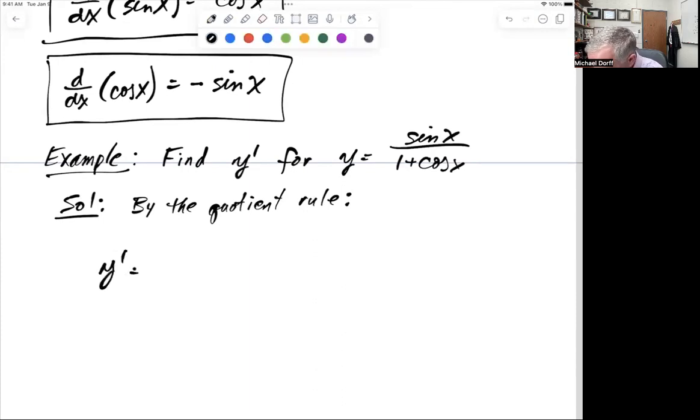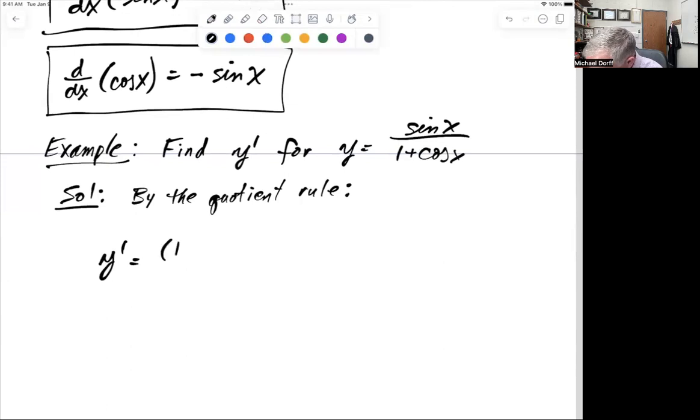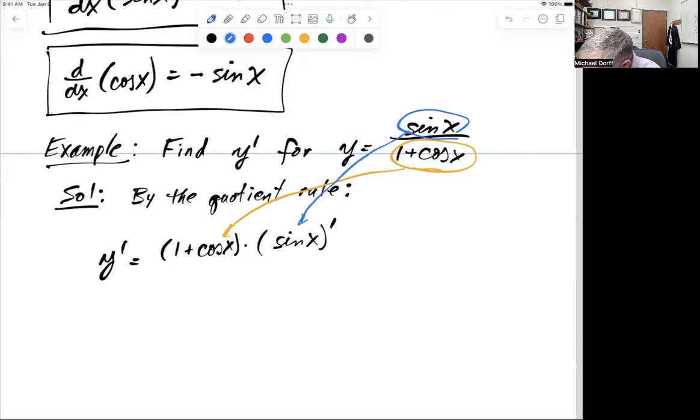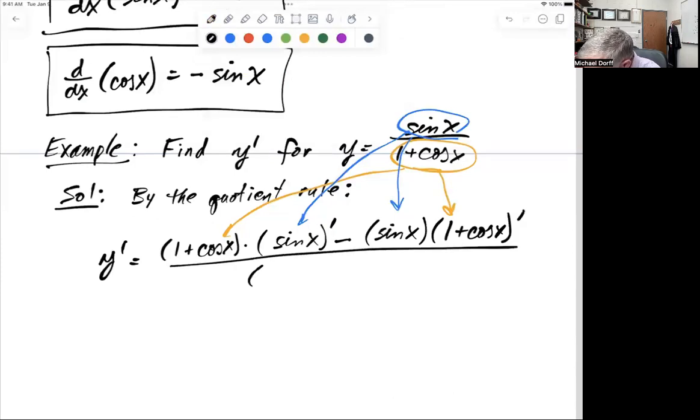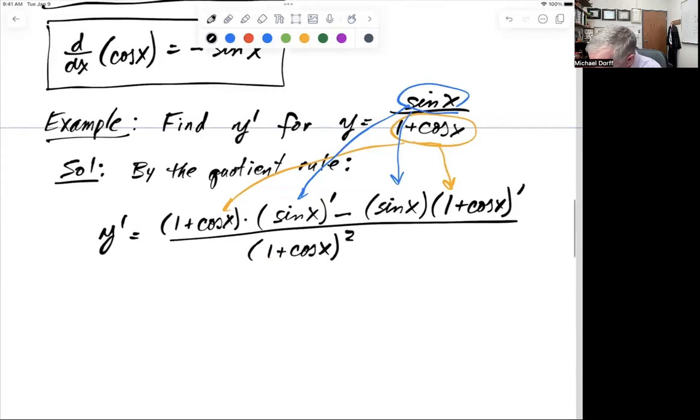So y prime is going to equal, by the quotient rule, the denominator times the derivative of the numerator, minus the numerator, or the top, times the derivative of the bottom, or denominator, and then that's all over the denominator squared. So there's the quotient rule.